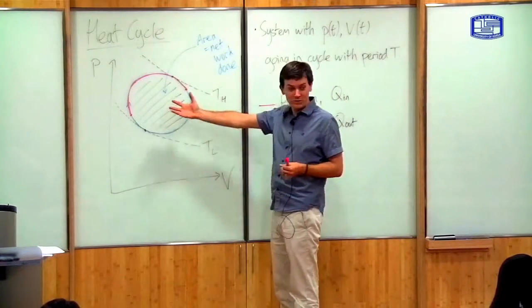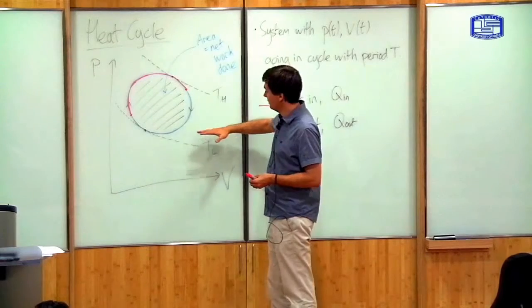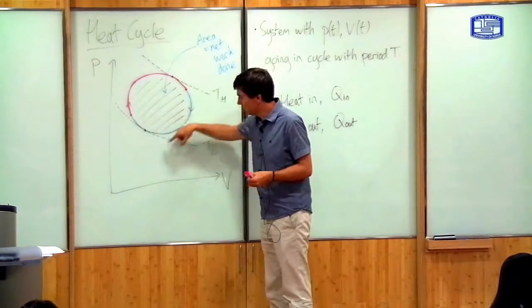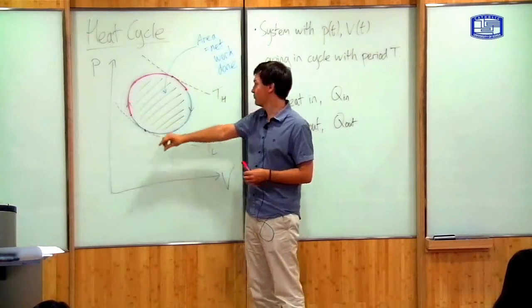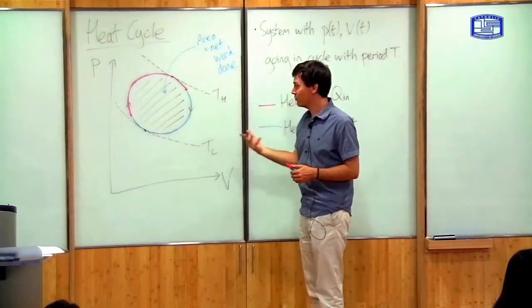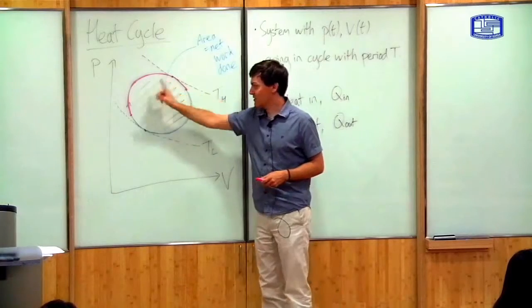So that gives you a whole description of this system. It's being heated and cooled, it's expanding and contracting, and in the process, it's producing an amount of work equal to the area inside of this curve.